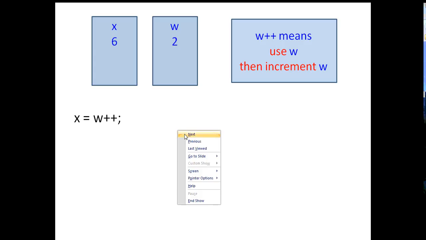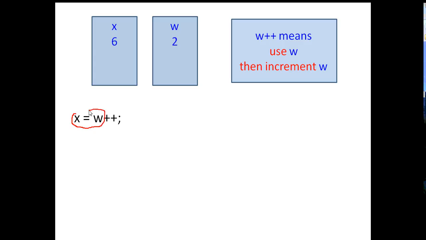So in this case it says x is assigned w. So we're going to use the w because that's what shows up first. So x is assigned w, w is 2, so x gets assigned 2. Then you have to increment the w. So we increment that one, and so x is 2, w is 3.